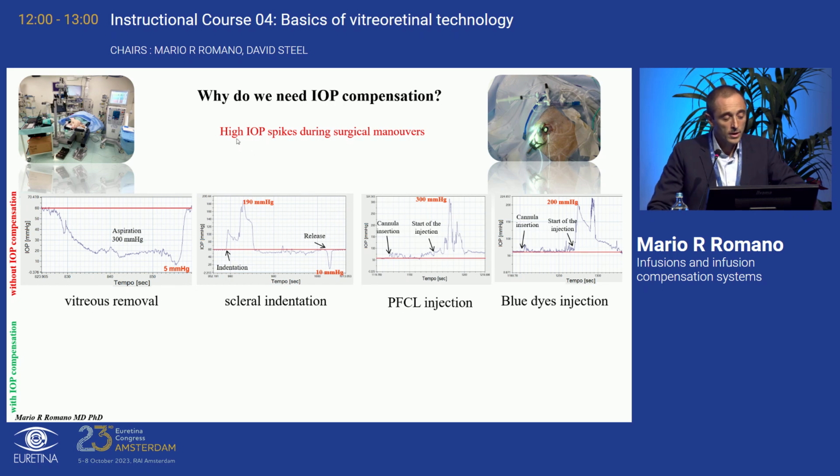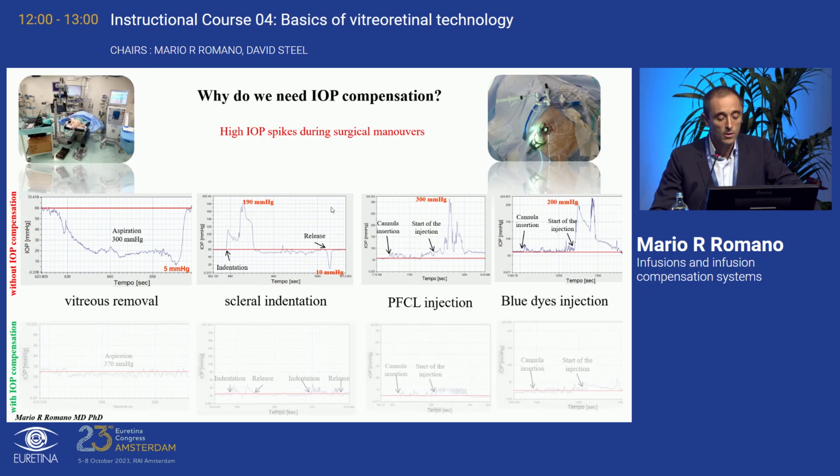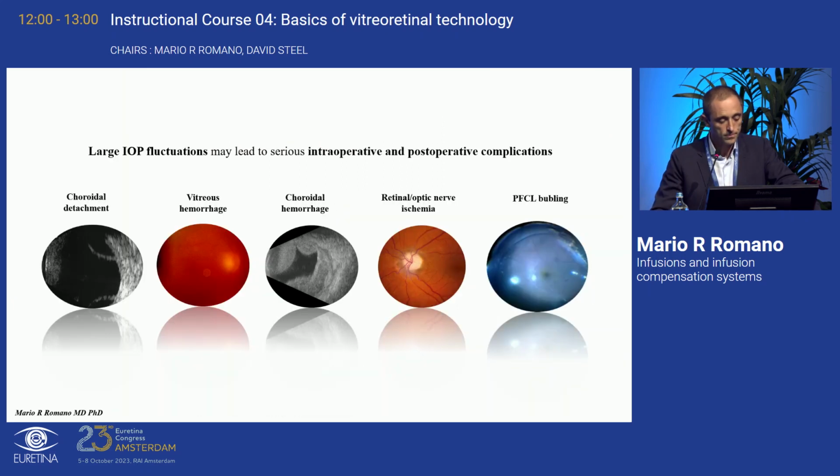We have been measuring the intraocular pressure in live pig eyes with an intraocular probe, and we have seen that during scleral indentation, injection of perfluorocarbon liquid or blue dyes, the pressure goes up to 200, 300 millimeters of mercury. That's why we really need the compensation.